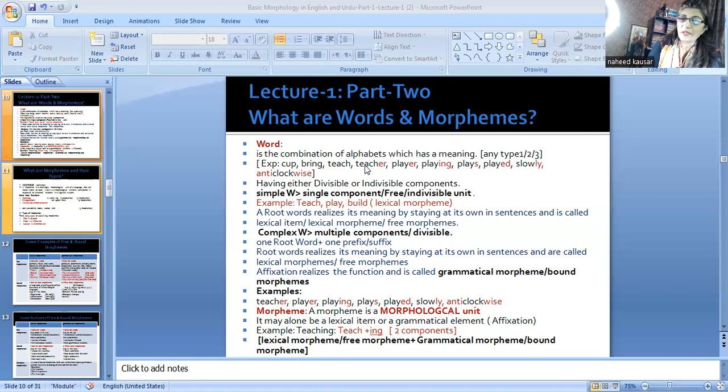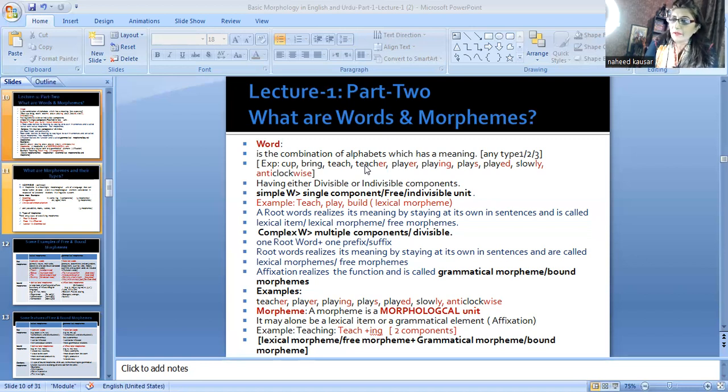So teach is a verb, but teacher is not from the point of view that the grammatical category is changed. It's something different. I would again ask you to focus on just one point: whether in a word the component is divisible or indivisible, whether we can divide a word into further components or not.